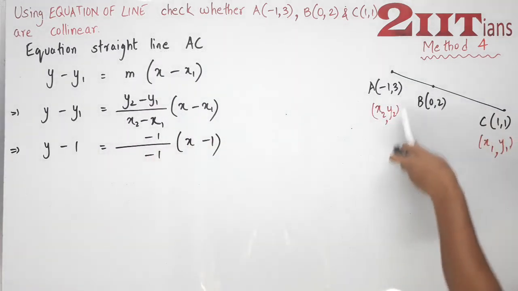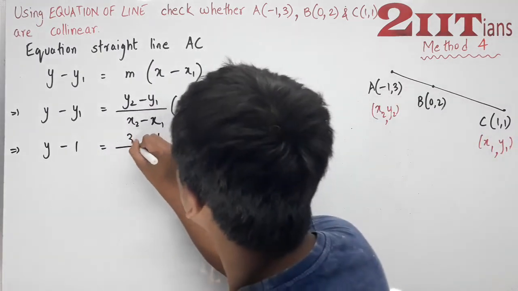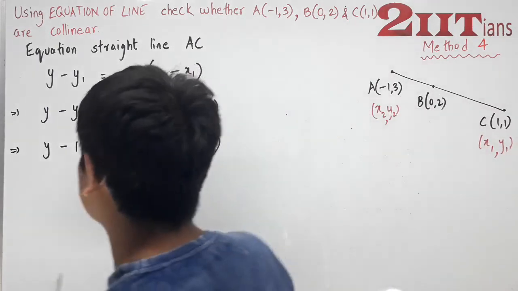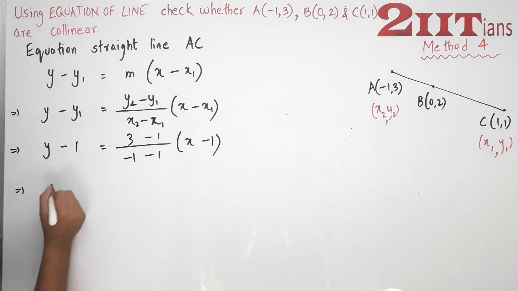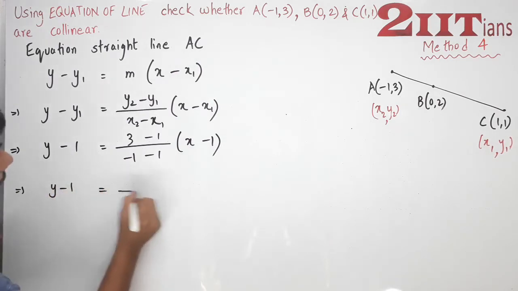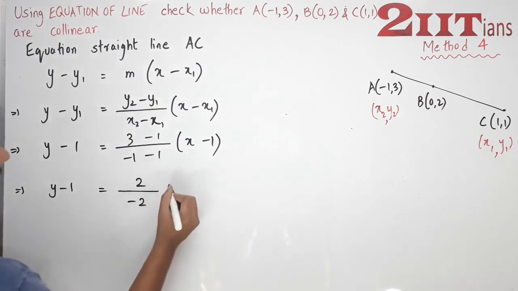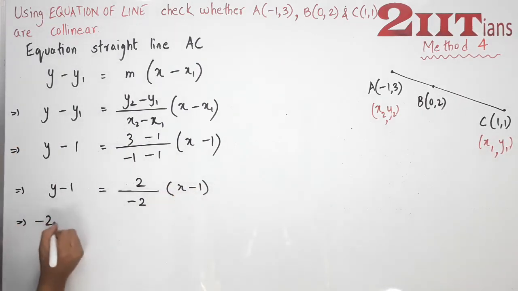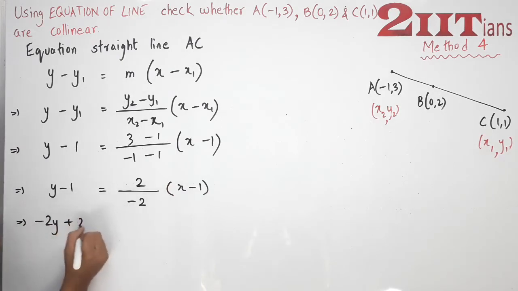What is y2? y2 is 3. And what is x2? x2 is minus 1. So we get y minus 1, 3 minus 1 is 2, this is minus 2, and this is x minus 1. Minus 2y plus 2 is equal to 2x minus 2.